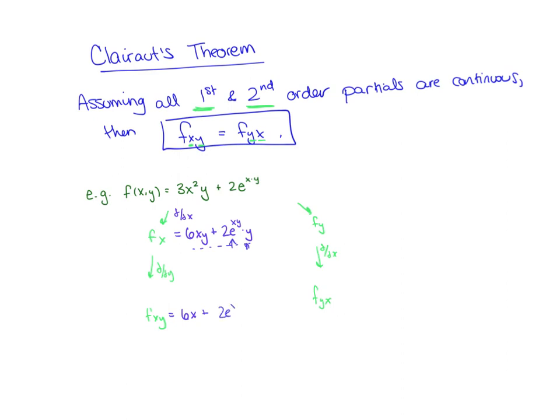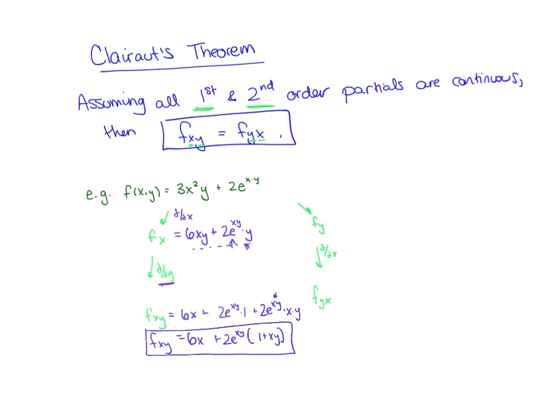So the first times the derivative of y is just 1, plus the derivative of that first, that's 2e^xy. I'm taking the derivative with respect to y, so now I have to take the derivative of xy with respect to y, that gives me x, and then we had that y there. So we end up with 6x plus 2e to the xy times 1 plus xy as the fxy.